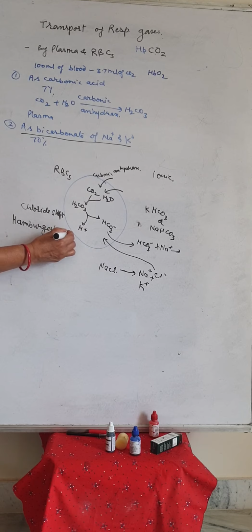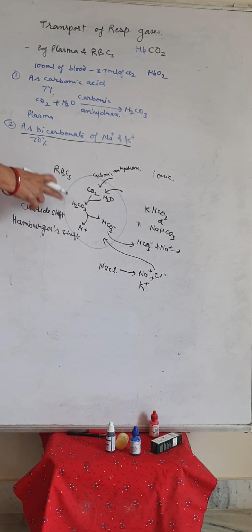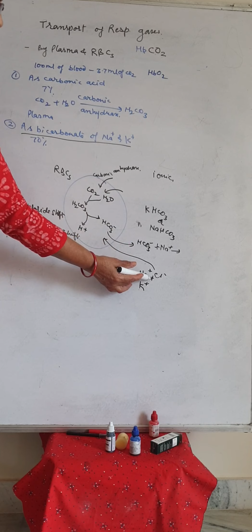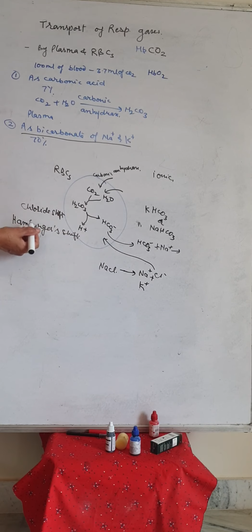So the major part, 70%, is transported as bicarbonate. As the bicarbonate ion comes out, the ionic balance would be disturbed, so to maintain the ionic balance, an equal amount of chloride ion gets inside. This process is called chloride shift or Hamburger shift.